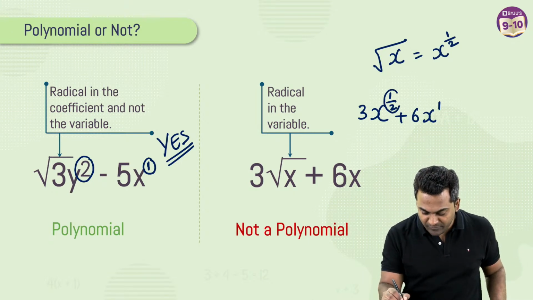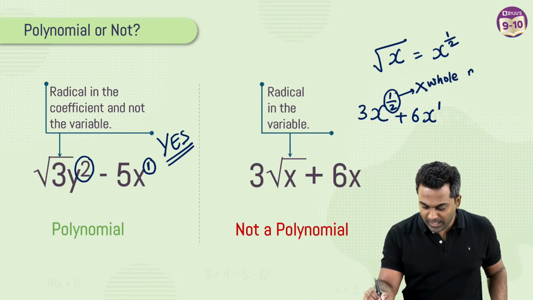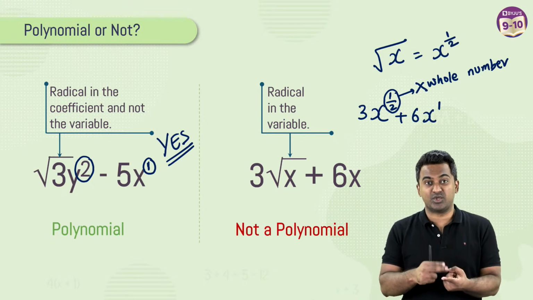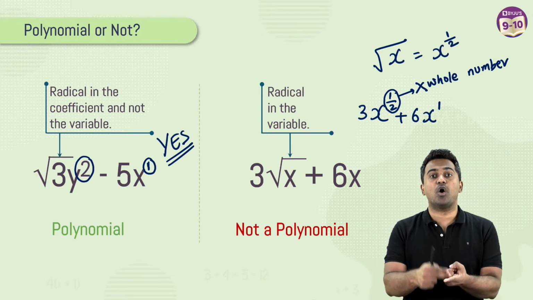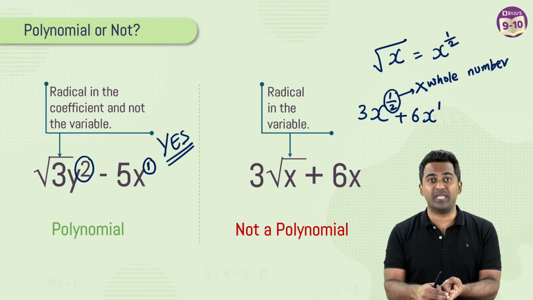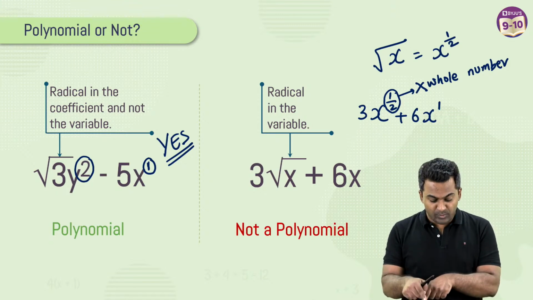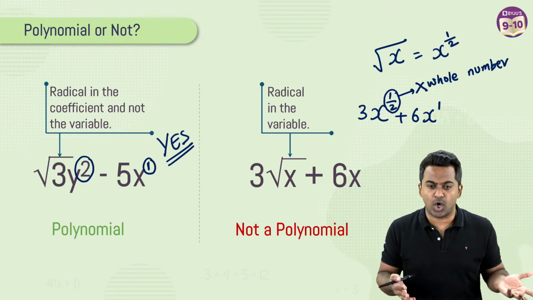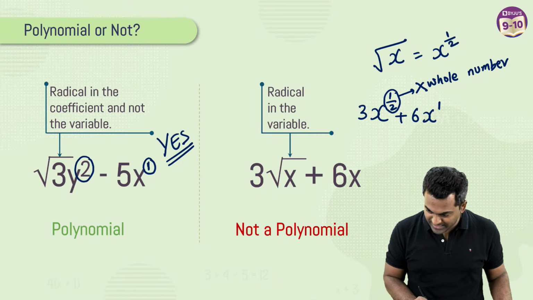Because the power of x here is 1 by 2 and this is not a whole number. So now you've understood. First rule: the power of the variable has got to be a whole number. The second one is not, because the power of x is 1 by 2, which is not a whole number. Very good.